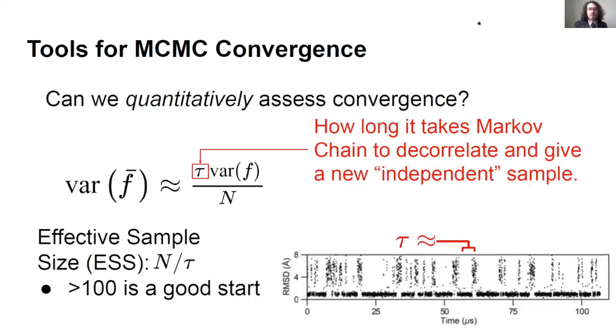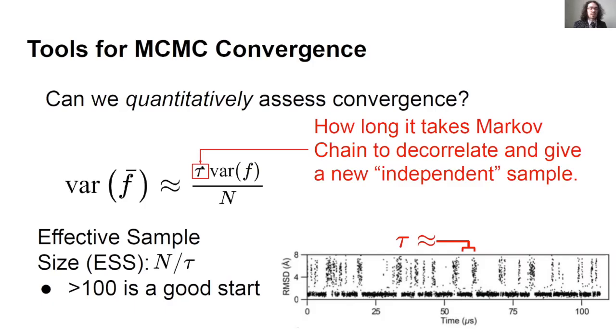The idea with the effective sample size is if you think about a naive average with independent samples, I know how the variance of that average converges. It converges as the variance of the function divided by the number of samples. However, in Markov chain Monte Carlo, I don't have independent samples. I have samples that are correlated with each other. So instead, I need this additional multiplicative factor, the autocorrelation time. You can think of this as an exchange rate.